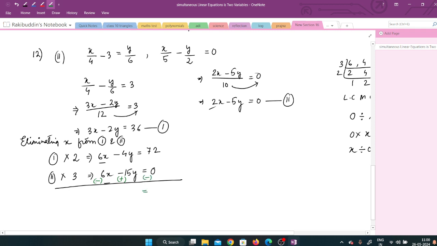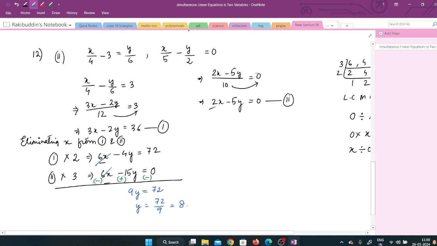So what you get is 72 minus 0 is 72, 6x gets cancelled, minus 4y plus 15y, that means 15 minus 4, that will be 9y. So y equals 72 by 9, so y equals 8. You see, we have found a value of y. Is something wrong? Let's check the equation once.